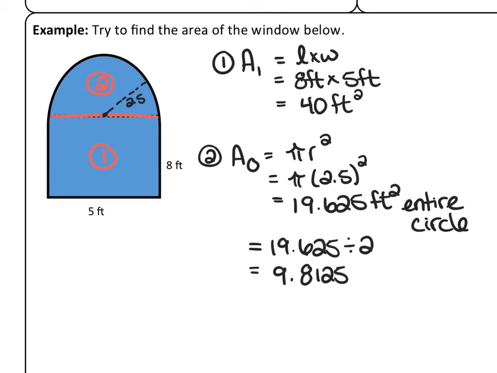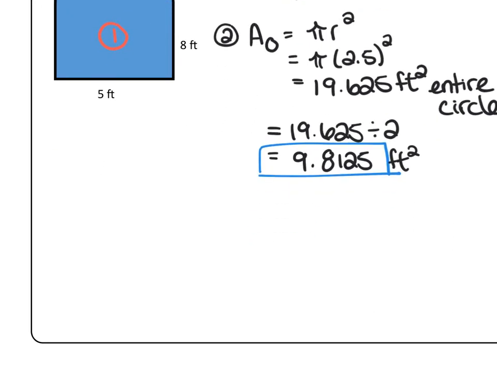9.8125. Okay, so we now have the area of our rectangular part, so that's here, and we have the area of our half circle. Sorry guys, that's feet squared as well. So what we're going to do to find the total area is just add them up.